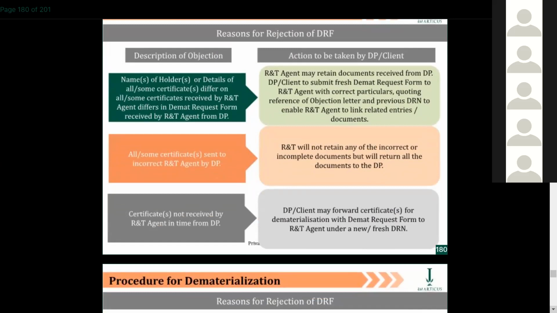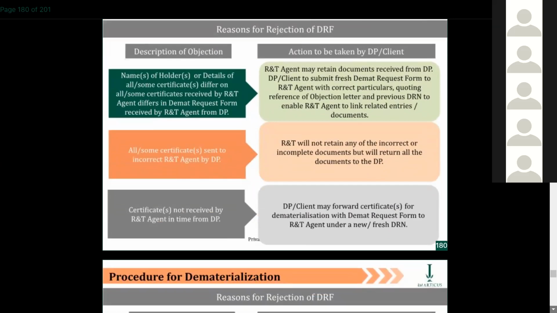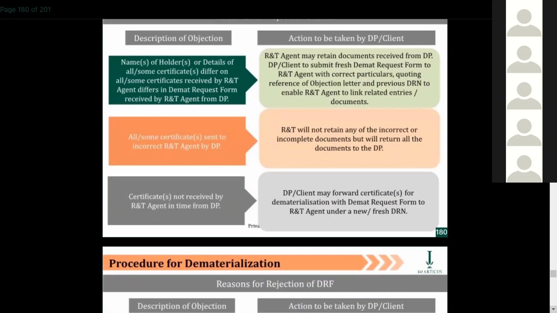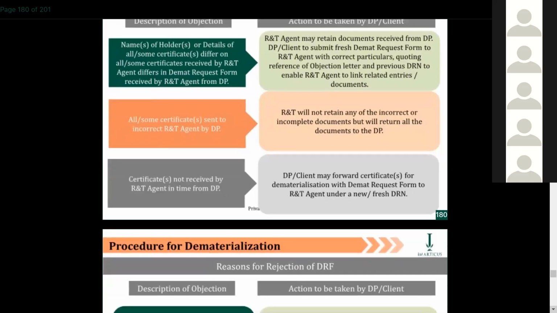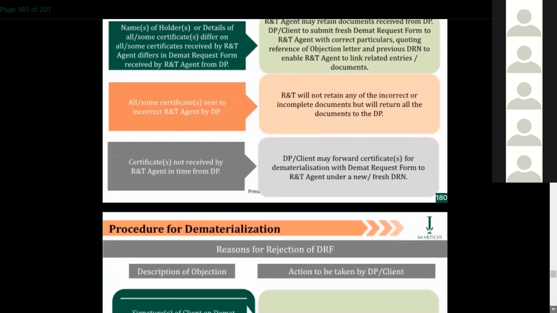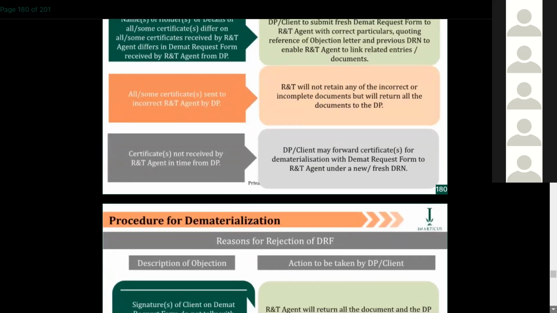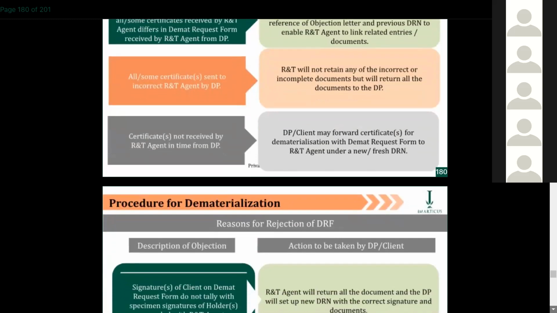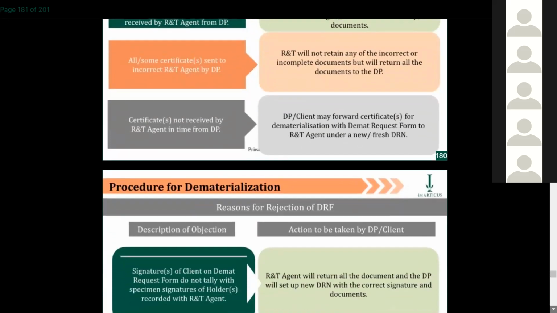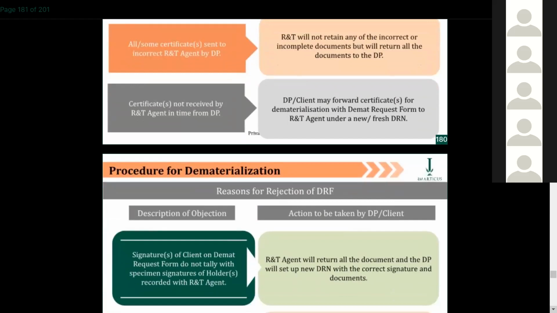Certificate not received by R&T in time from the DP. So depository participant may forward certificate for dematerialization with DP request form to R&T agent under a new fresh DRN. So basically, here depository participant is acting as a mediator between the investor and the company.